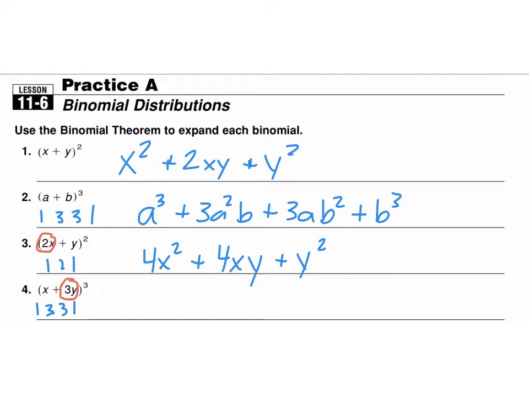Alright, the first term is just going to be a 1 times the x cubed. Easy enough. The second term is a 3 times an x squared times one of the 3 y's. And those two 3's multiply together, so that's 9x squared y.